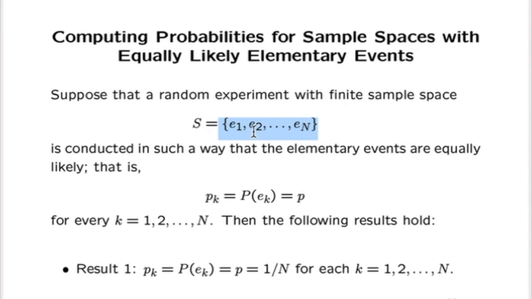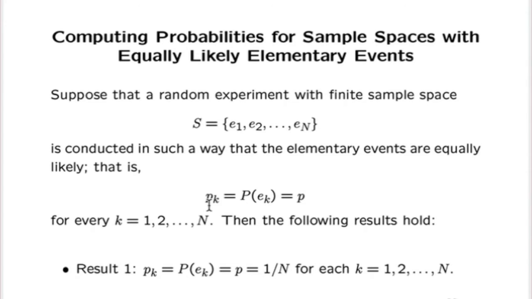And so I have these N elementary events. And suppose that this random experiment is conducted in such a way, and this is going to depend on the way we conduct the experiment, doesn't it? So suppose that this random experiment is conducted in such a way that the elementary events are equally likely.